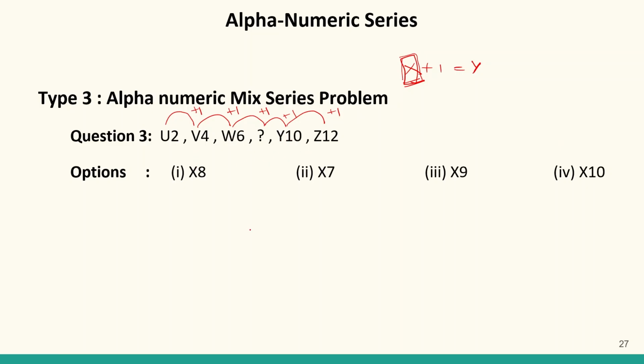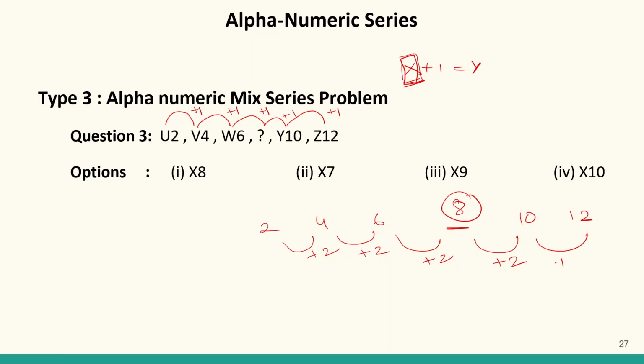Let us look at the numbers. The numbers are going from 2 to 4 to 6. Then there's a missing term, then 10 and 12. So according to me, this is 2 plus 2, this is 4 plus 2, this is 6 plus 2, which will be 8, then plus 2, and then plus 2. So this logic is being followed.